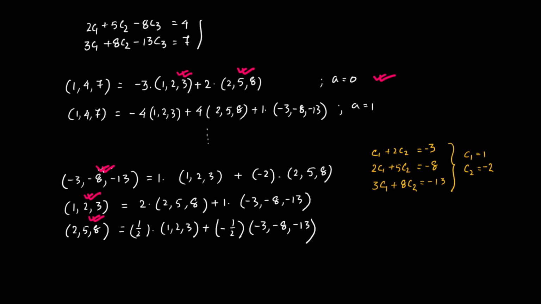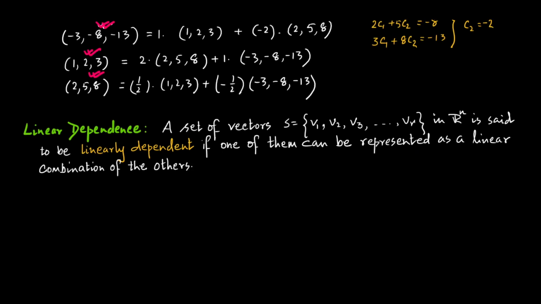Such a set of vectors is known as a linearly dependent set of vectors, formally defined as: a set of vectors S = {V1, V2, V3, etc., Vr} in Rn is said to be linearly dependent if one of them can be represented as a linear combination of the others. That is, if one of the vectors lies in the linear span of the other vectors.